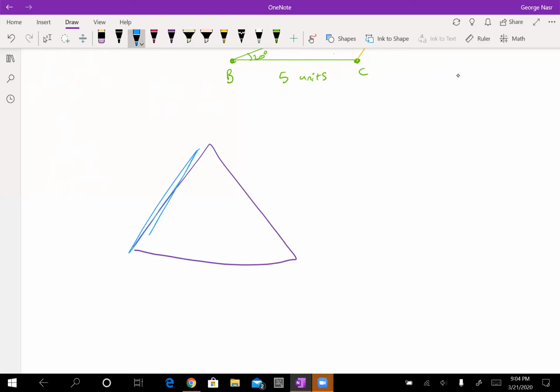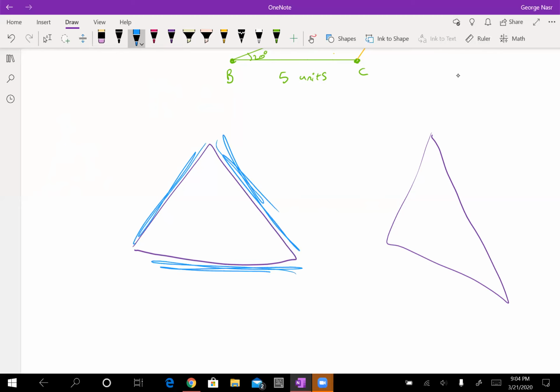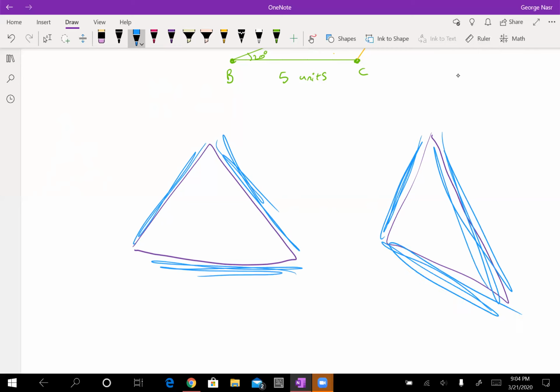the angle. So if I have two triangles and I don't know they're the same or not, instead of doing rotations and reflections and translations, I can either check that all three sides are the same length, and then I can say by side, side, side, these are the same triangles.